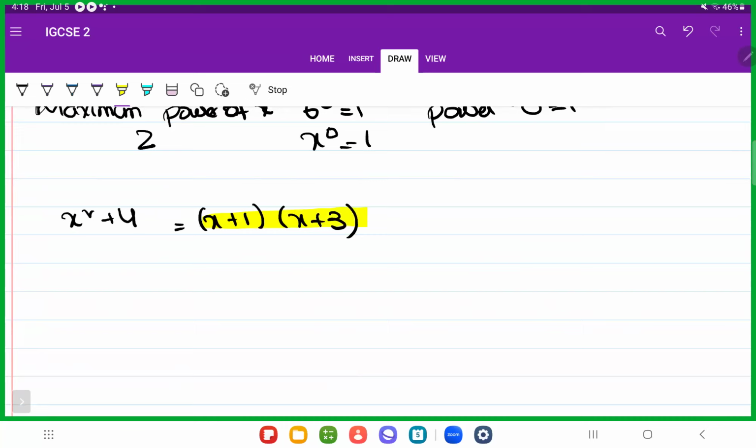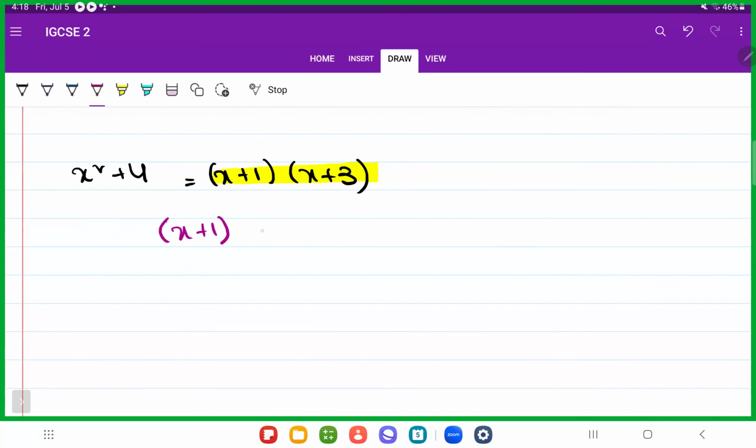Does any of you know how to multiply two brackets together? Saskia and Naeem, I'm already getting answers from you guys. Hello, can you hear me? Not audible.